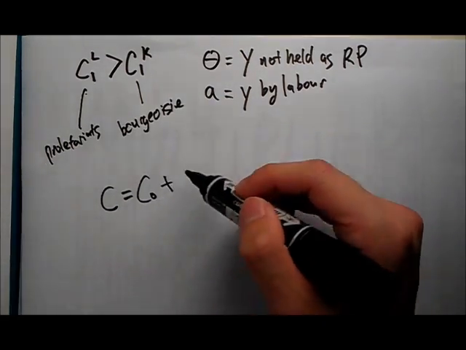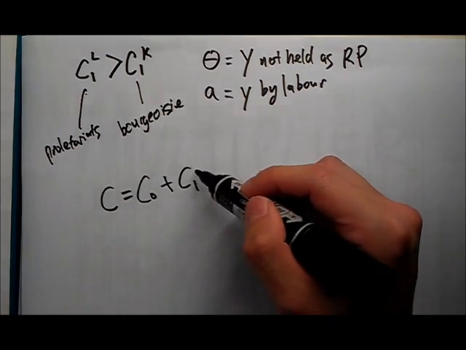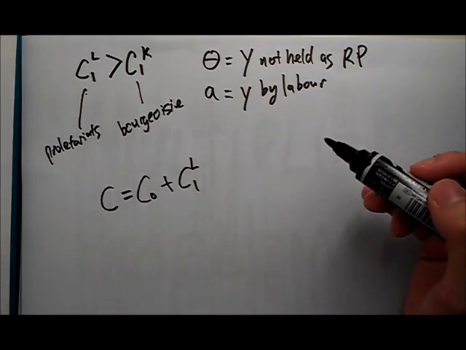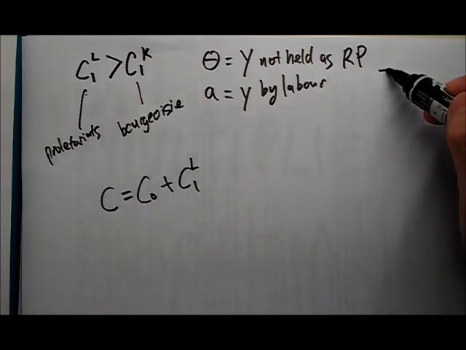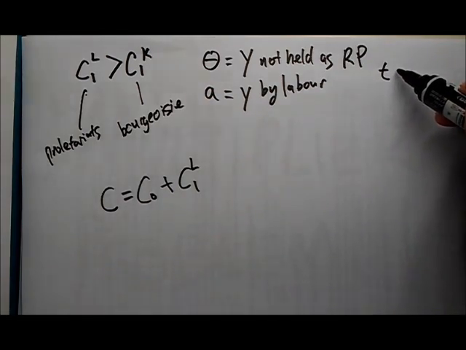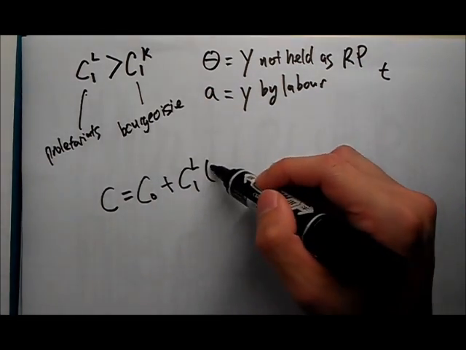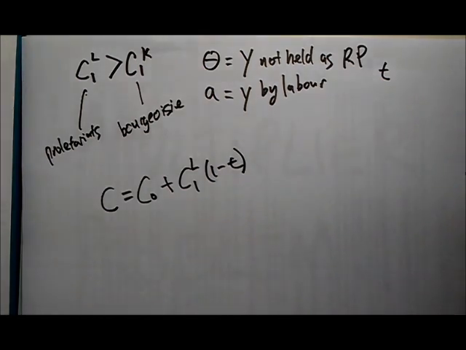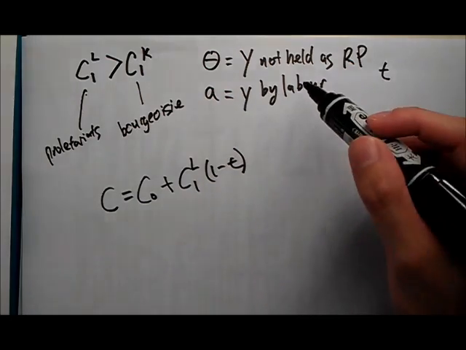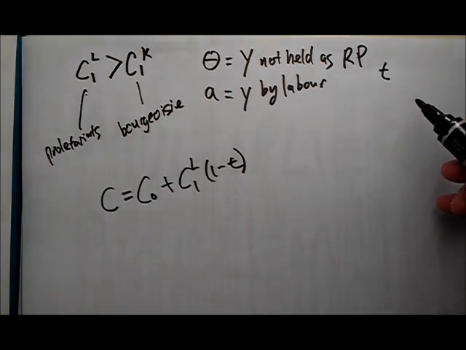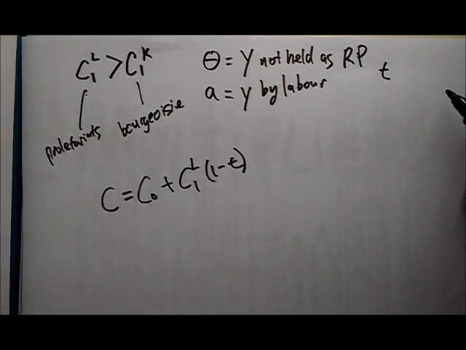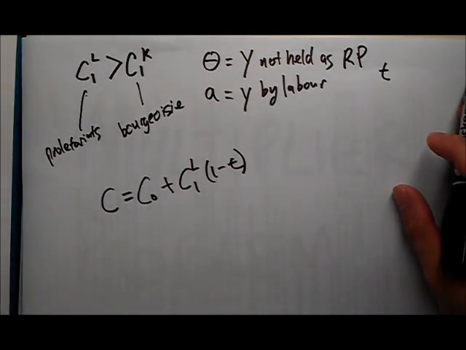It will always start with the marginal propensity to consume, and we know that there is proportionate tax, so let's make things easy by writing this down first. Now, alpha is the proportion of income earned by the laborers, and theta is the income that is not held as retained profit.